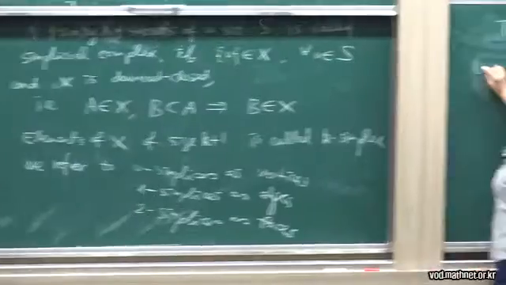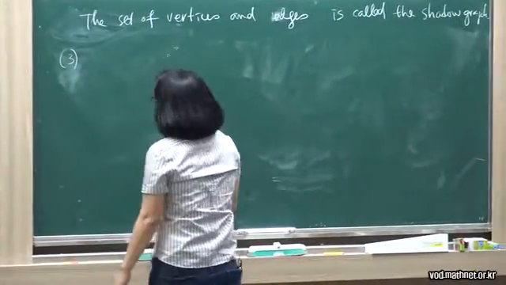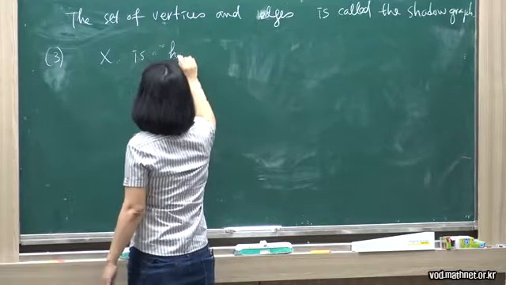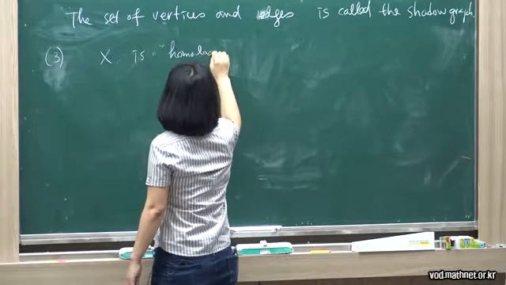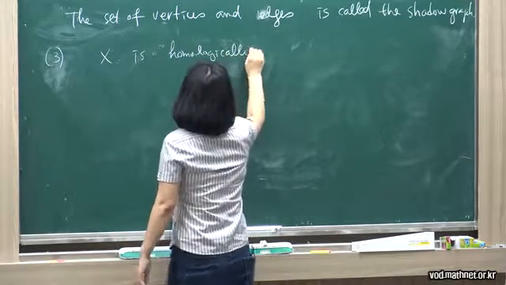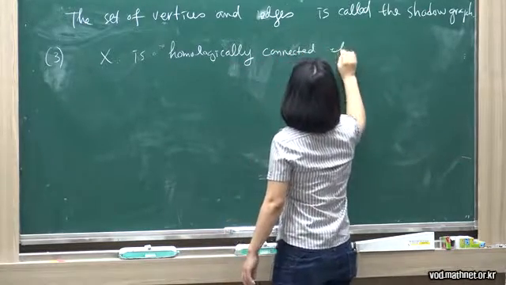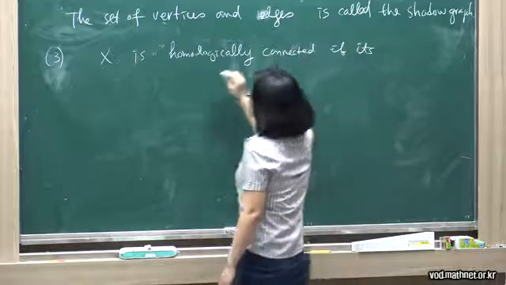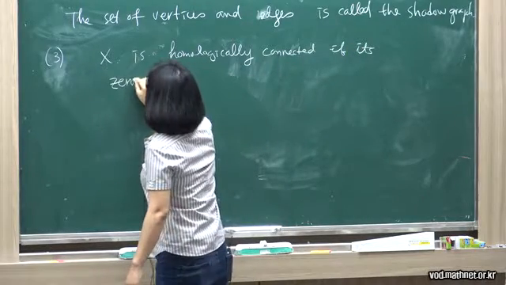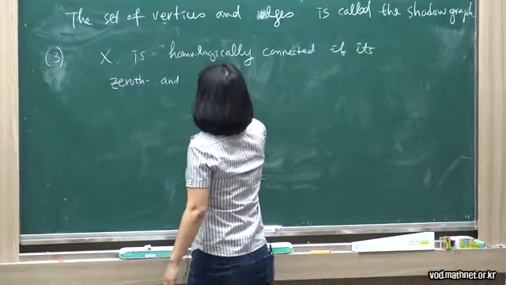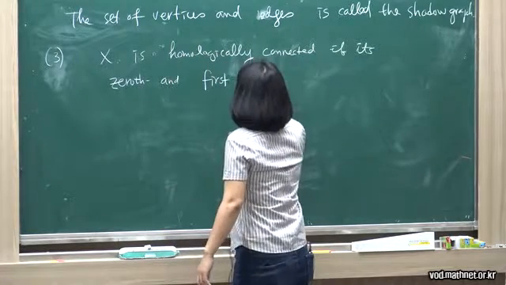Finally comes the definition of homological connectivity. X is homologically connected if its zeroth and first homology groups vanish.